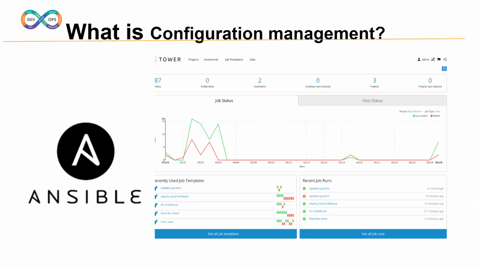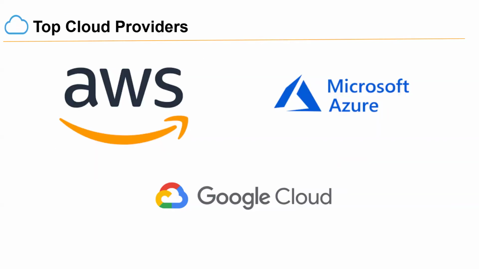But these hundreds of servers, from where exactly can we get them? Either from a physical environment, or from a virtual environment, or from a cloud environment. But which cloud are we going to use?